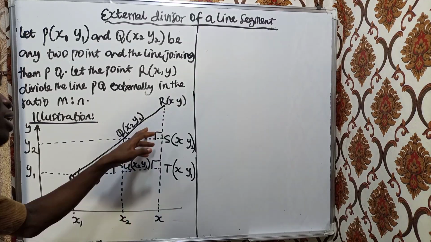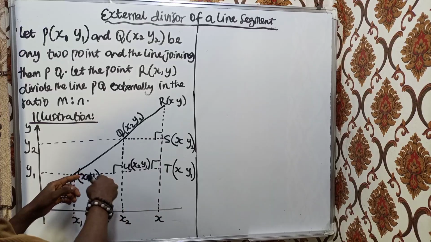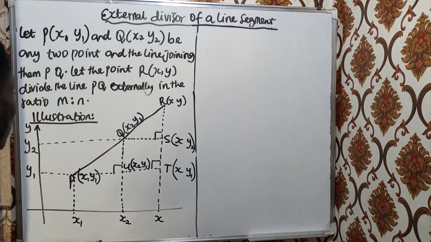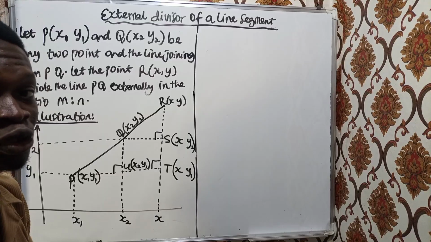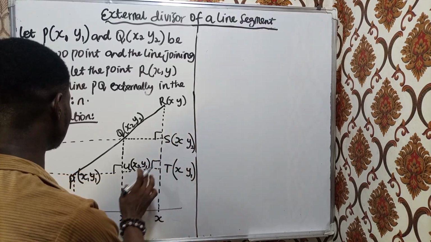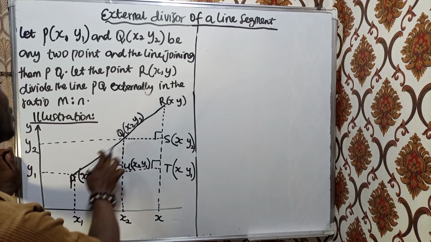PRT is the bigger triangle and QRS is the smaller triangle. It doesn't matter whether a triangle is small or big, their angles sum up to 180 degrees. So we can take the ratios in similar triangles.